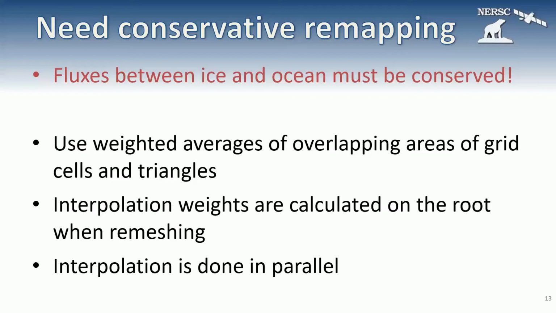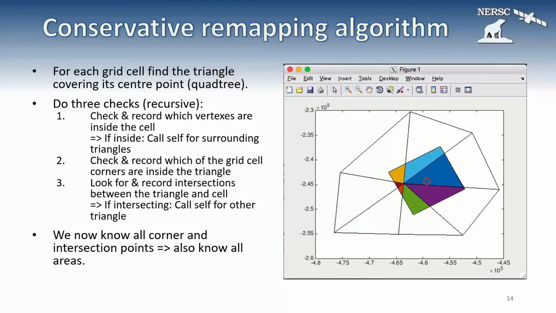And the compute nodes can then do the interpolation on their own domain. Now, this was in the end not very complicated, and we managed to do it quite efficiently because we had a lot of information about the mesh available already from the meshing tool.